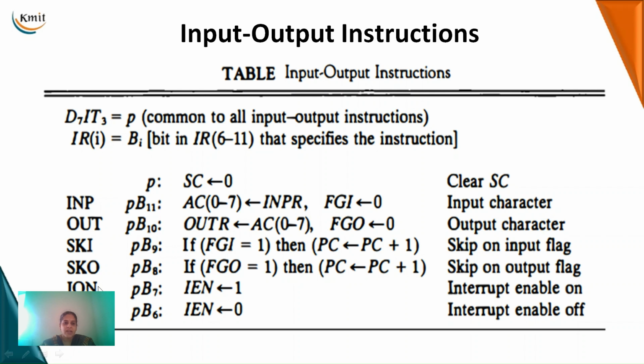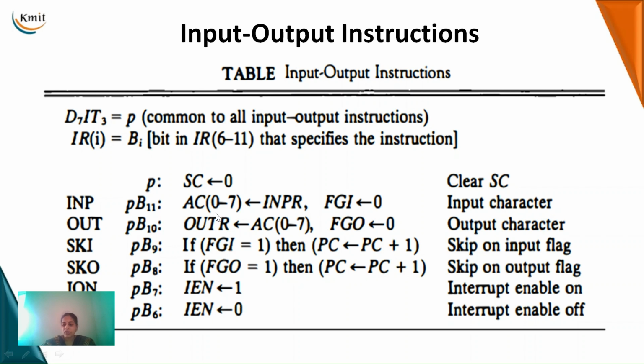The last instructions are ION and IOF, with respect to the interrupts. Whenever the interrupt enable is on, the input output registers can interrupt the computer at any point of time. You can enable the interrupt by setting the interrupt enable flip flop to 1, and you can clear the interrupts by using the IOF instruction, where the interrupt enable flip flop is cleared to 0.